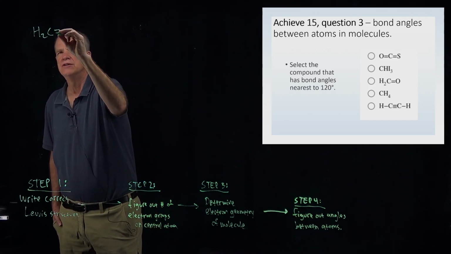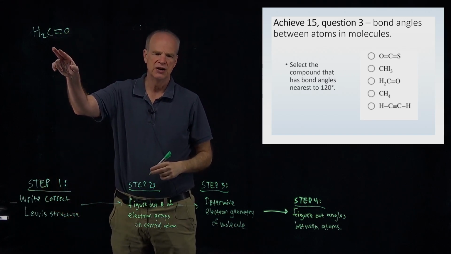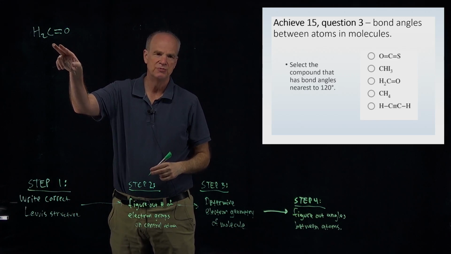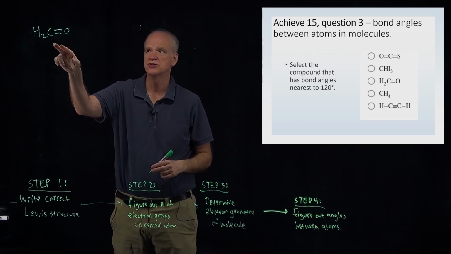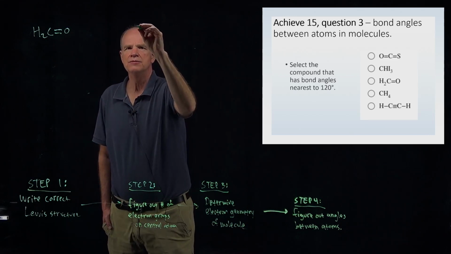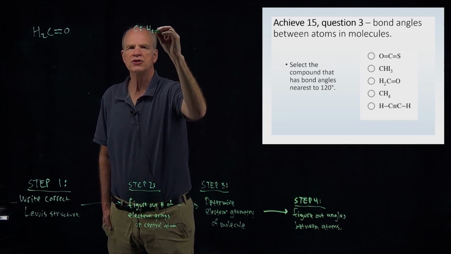So here's the problem. H2C with a double bond O, this is not a correct Lewis structure. And the reason is it's missing single bonds and lone pairs. And so let's go ahead and draw out a correct Lewis structure for this. So we have carbon, which has 4 valence electrons.